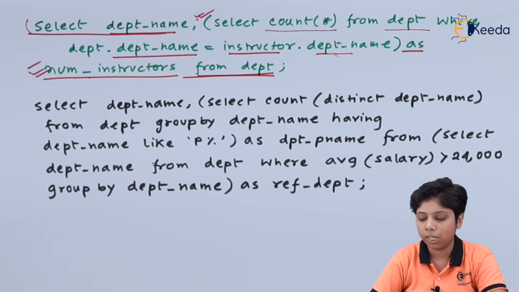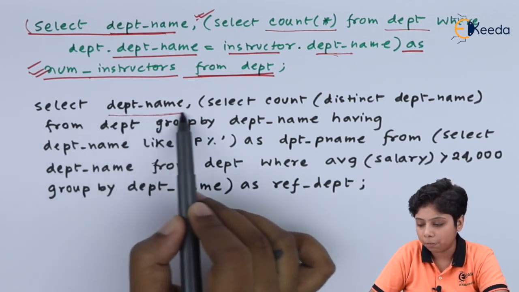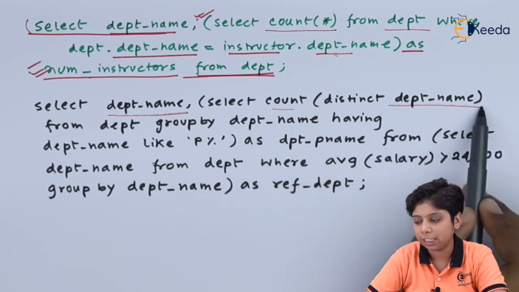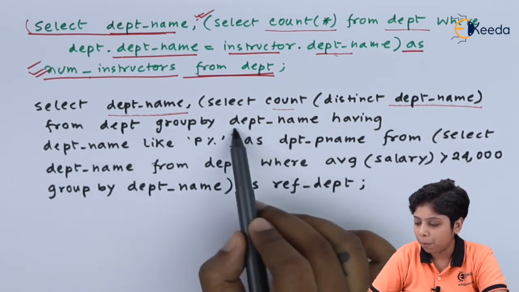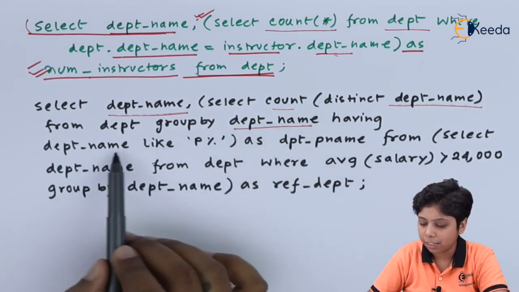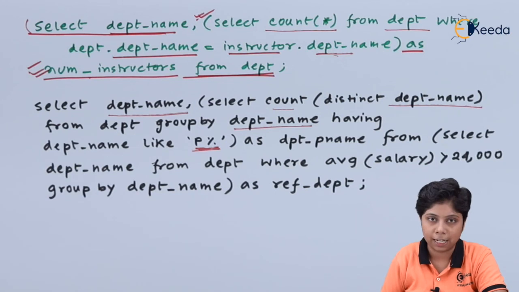So what we are doing, we are first selecting the department name and the count distinct department name that will not be considered twice repeatedly. So grouping by department name having the department name like P percent.